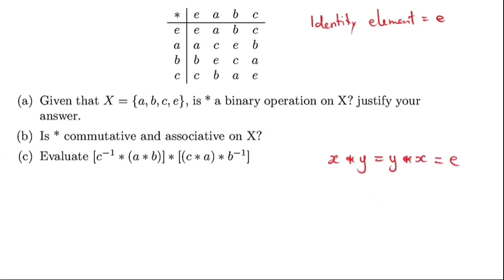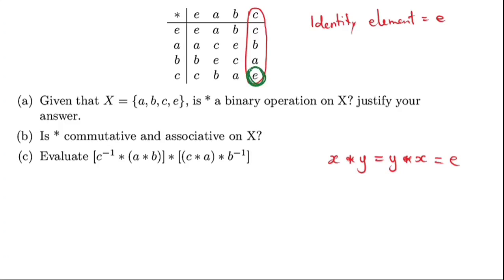So let's look at the row for C. If this is our C here, in this column rather for C, where do we find the identity element? The identity element is found here.